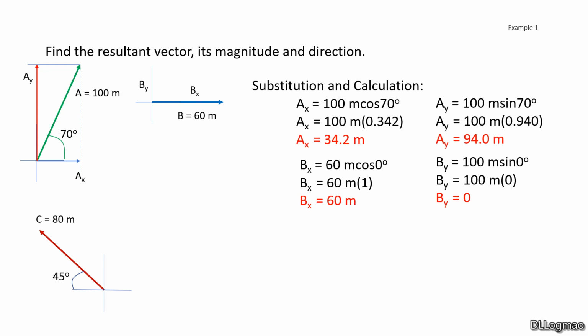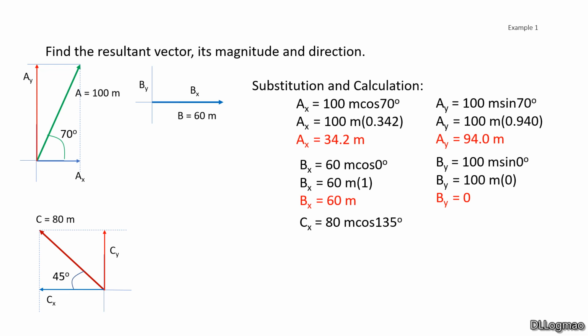The third vector is vector C with a magnitude of 80 meters, acting on the second quadrant. The x component of the vector is directed towards the negative x-axis, and the y component is directed towards the positive y-axis.